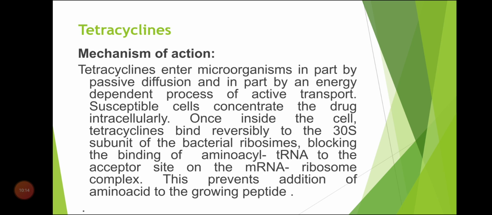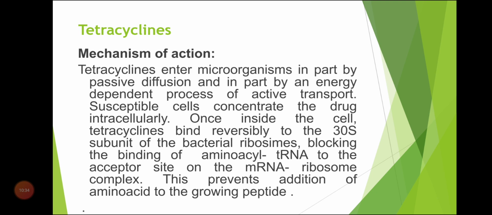The mechanism of action of tetracycline. Tetracycline enters the microorganism in part by passive diffusion and in part by an energy-dependent process of active transport. Susceptible cells concentrate the drug intracellularly.